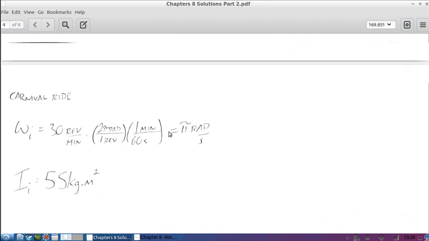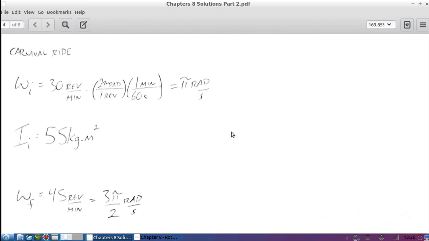Let's use our conservation of angular momentum equation. First, I got a little bit of dirty work here. I got to get rid of these revolutions per minute. So multiply it by 2 pi radians over 1 revolution, multiply it by 1 minute over 60 seconds, and I get a nice angular velocity, pi radians per second. I'm just going to bring pi along. It's no big deal.